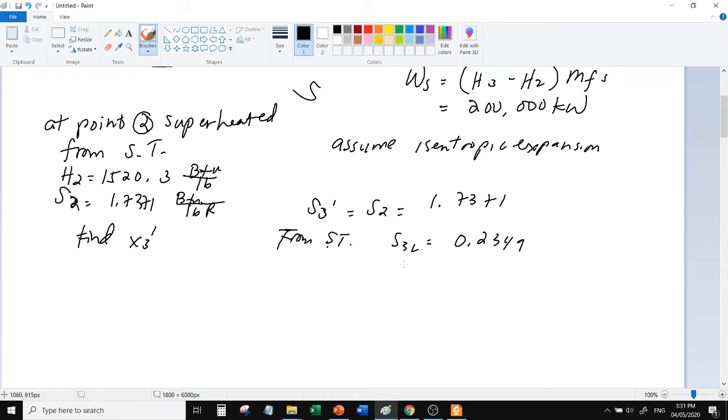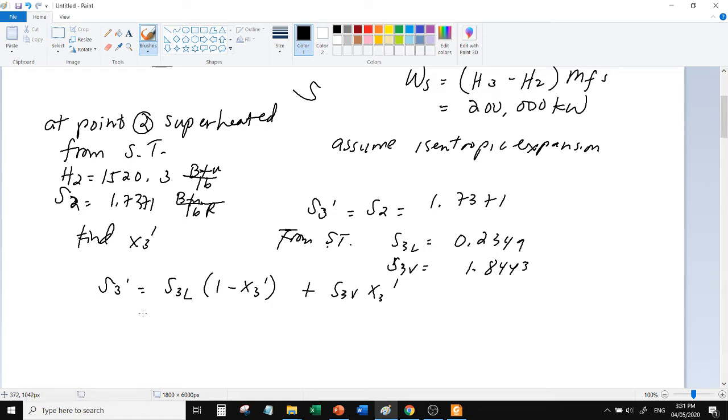Then S3V from the steam table is 1.8443. So we calculate X3'. How? S3' is S3L times 1 minus X3', plus S3V times X3'.